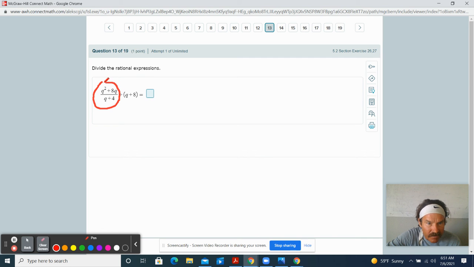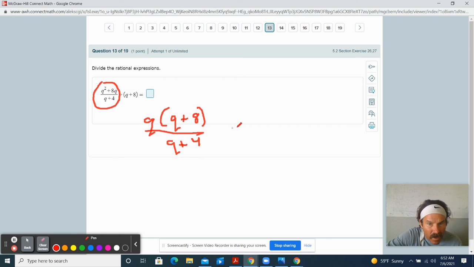So like this term here, I'm not going to flip. I'm going to keep this rational expression the way it looks, but I'm going to factor out a q on the top when I rewrite it. There's a q common, and then I have q plus 8. On the bottom, I just have q plus 4.